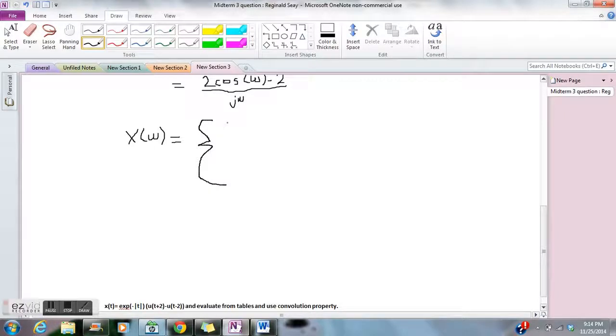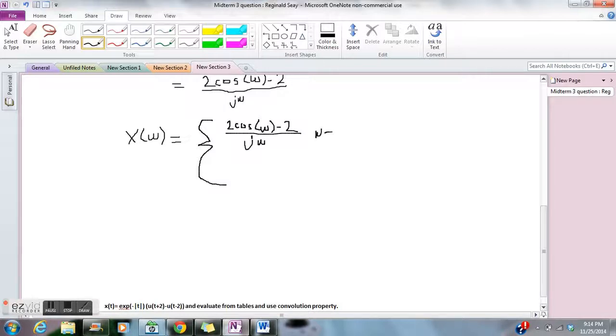For the first part, we have 2 cosine omega minus 2 over j omega, and this is when omega is not equal to 0.